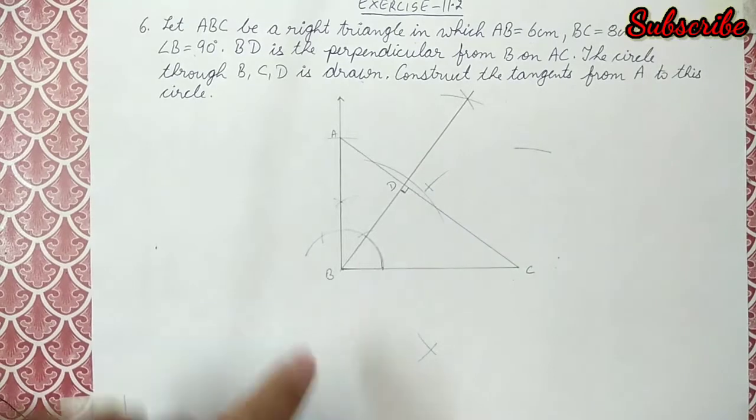Yeah. So these are the arcs which I have got from B and C. So this is a perpendicular bisector of BC which I have got.